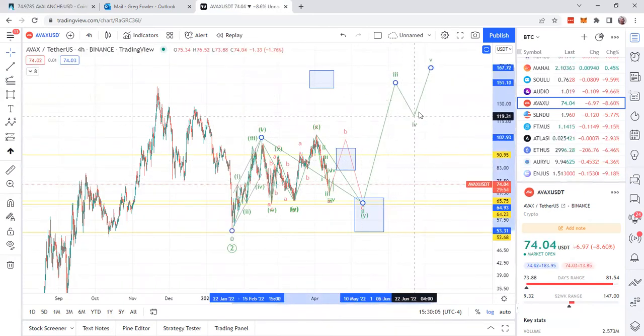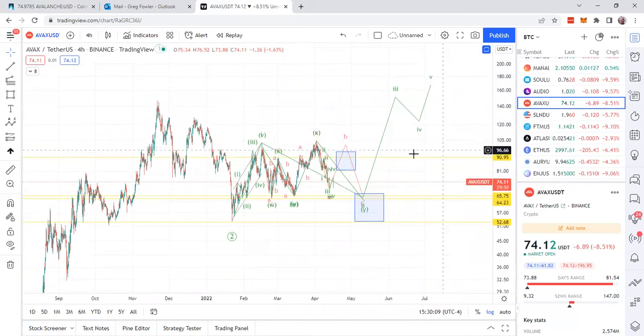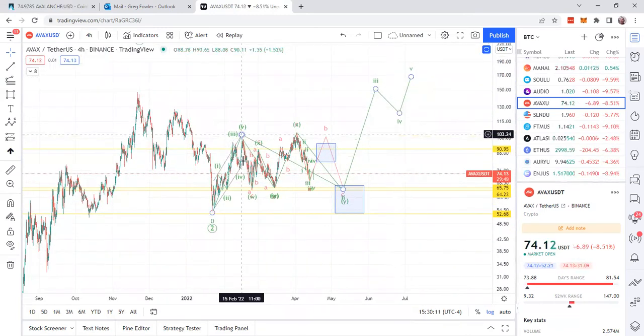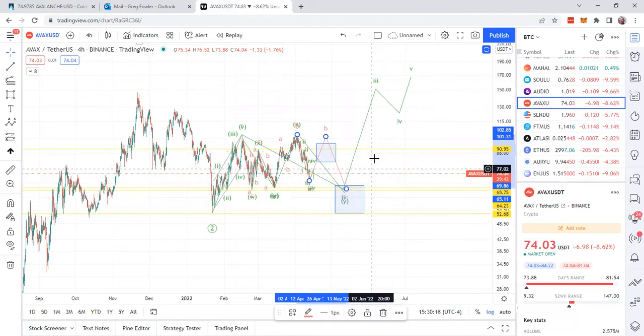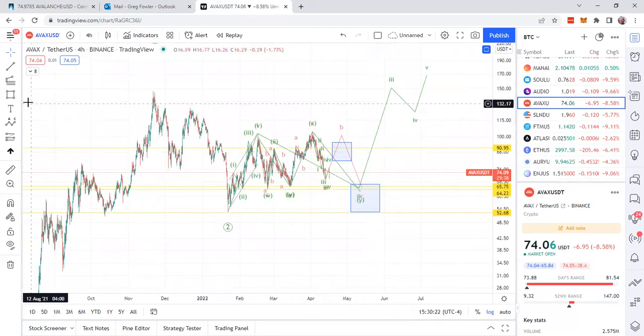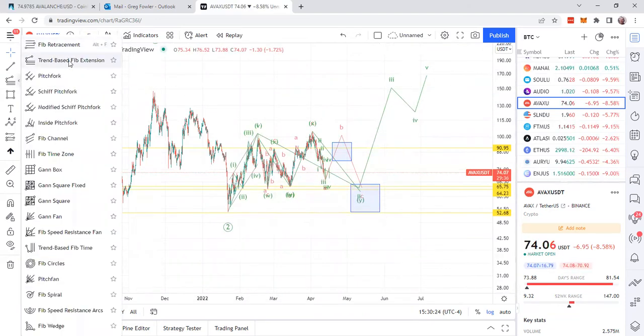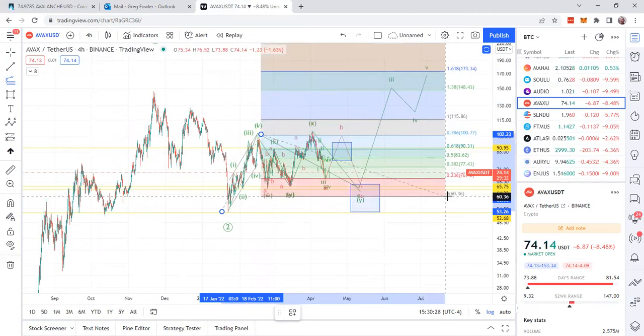So let's go ahead and take a look at AVAX. For this target, I'll give you guys conservative targets. Let's say this thing is at 58, say 60 bucks. It ends up at 60 bucks, 58. Fib extension, say 60 bucks.